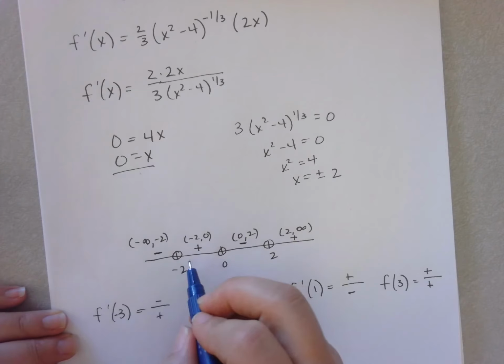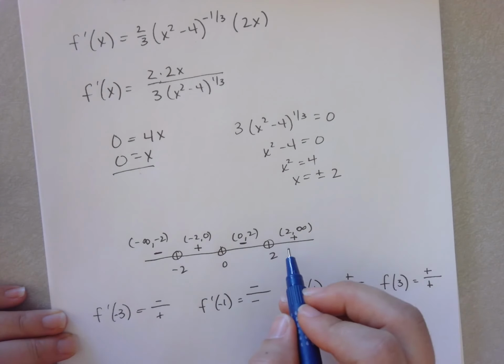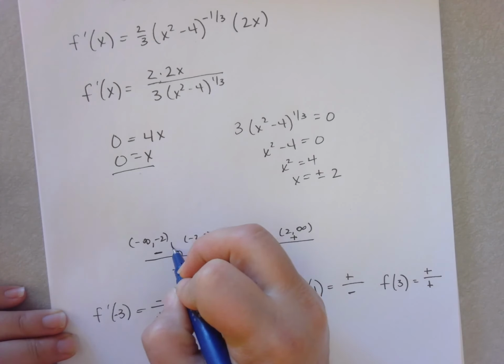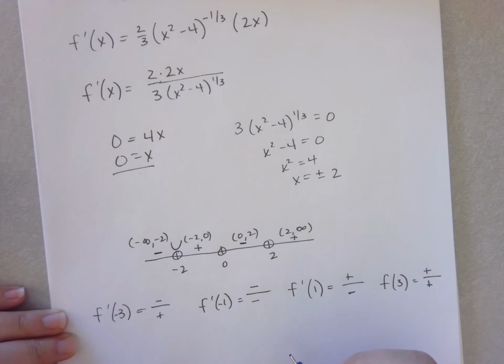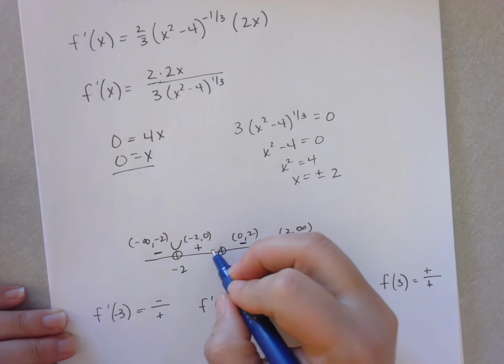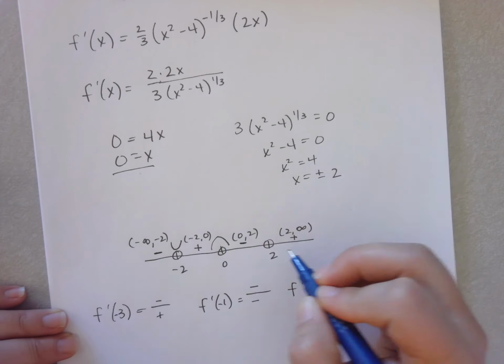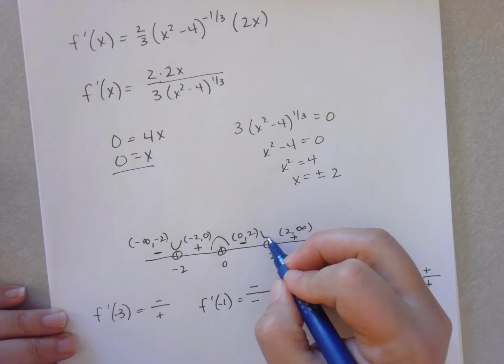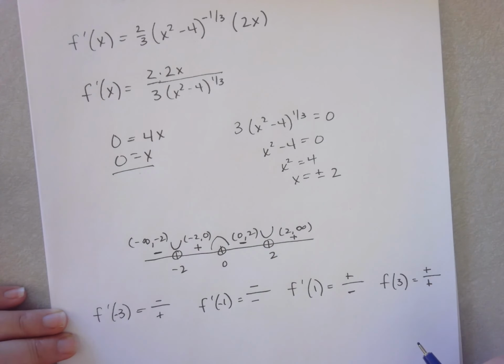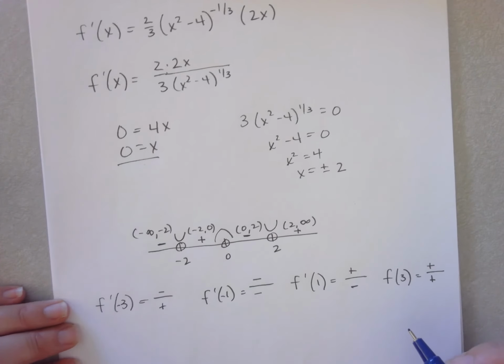I'm changing signs at all of these places, right? So here I go from negative to positive, meaning I have a picture that looks like this. Here I'm going from positive to negative, and here I'm going from negative to positive again. So I have 3 different relative extrema. That is certainly possible, right?